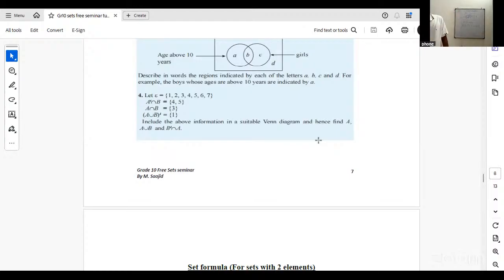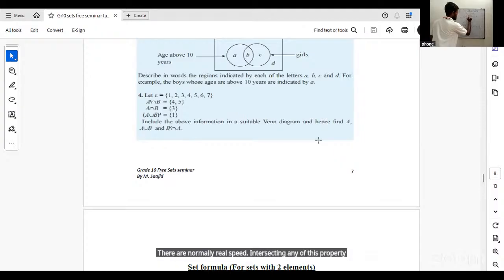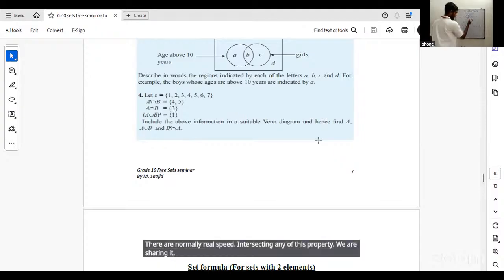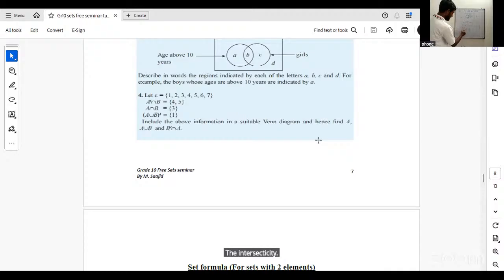Then they say B dash intersecting A. So which region is B dash intersecting A? There should not be regions for B. So you can't take B. That is this one and this one.